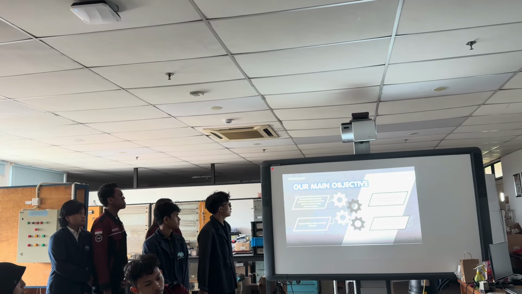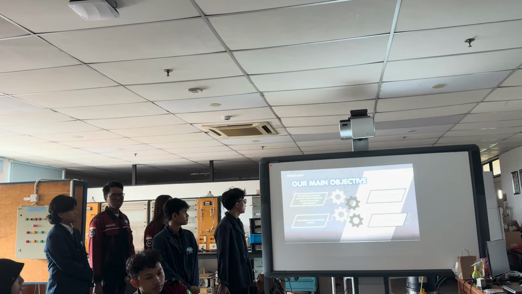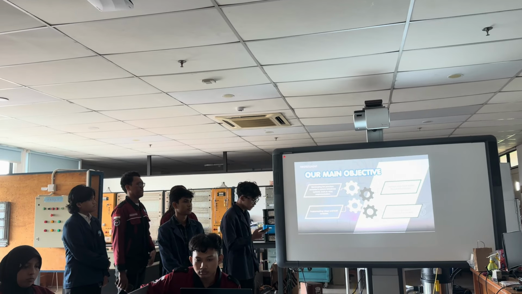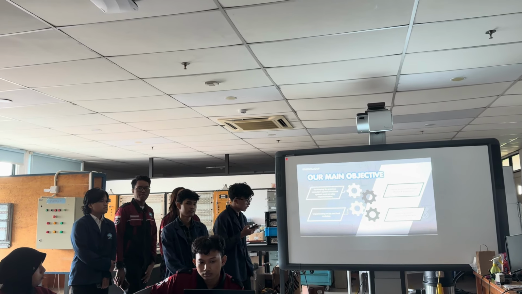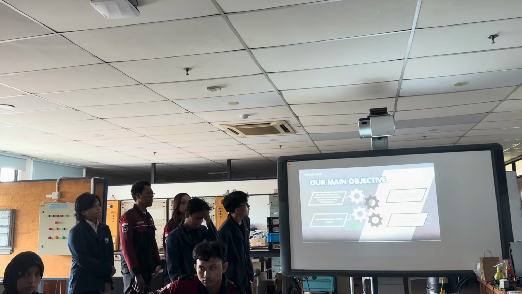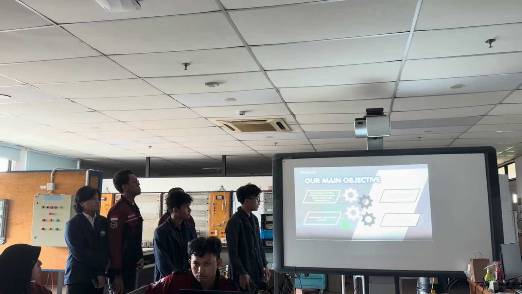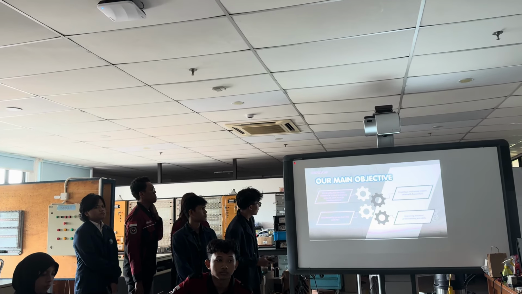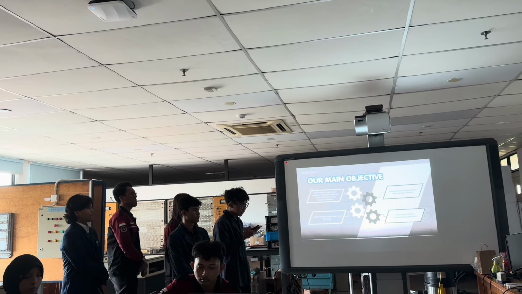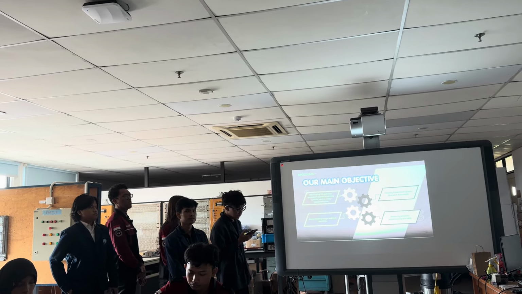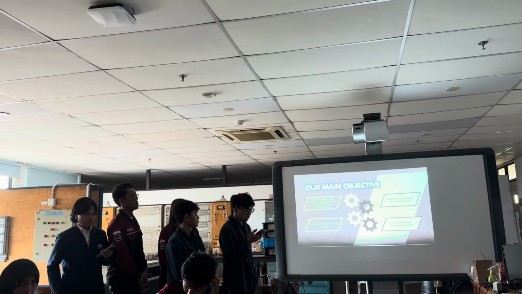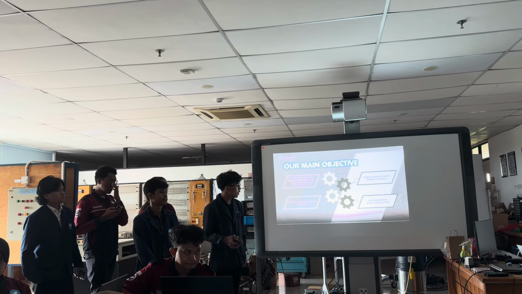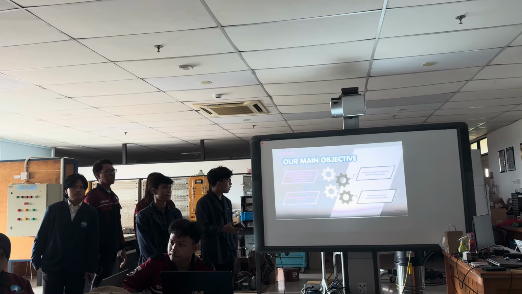In our main objectives, the first one is developing the control system, especially the electrical system, with relay implementation. Secondly, creating a dual mode system, both manual and automatic. Thirdly, implementing relay and limit switch. Relays are used to control the electrical current, while limit switches are used as movement limit sensors to improve the safety and stability of the machine.